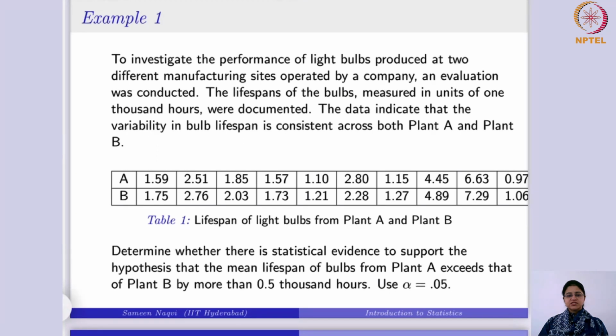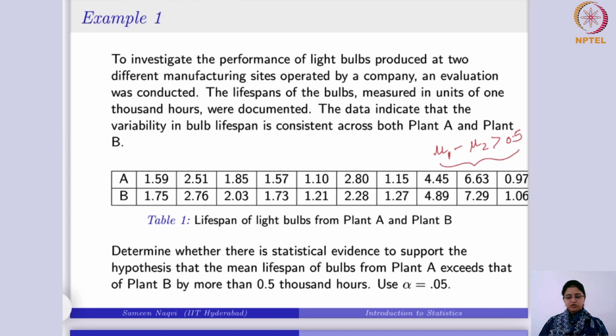In this case, since it is given that the variability is consistent across both the plants, it means that your variances are the same, and here you can apply the result which we have just now studied. Now let us understand whether it is a one-tailed or a two-tailed test. If you read the last statement, if you denote mu A as the average lifespan of bulbs from plant A, and mu B from plant B, the difference would be greater than 0.5.